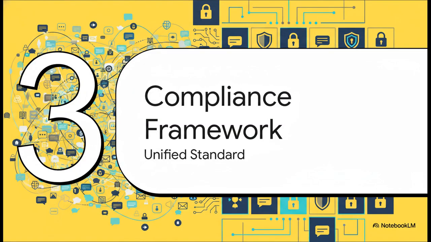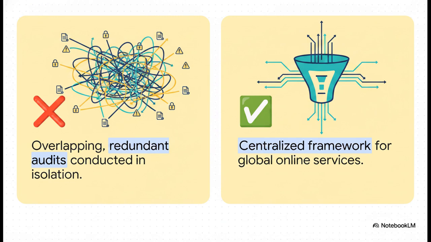Okay, Part 3. The Unified Compliance Framework. To actually build a secure solution, we have to fundamentally shift our mindset from reactive, panicked auditing to a proactive, unified standard. Think about the exhausting past of overlapping SOX or PCI audits. It was incredibly disconnected, right?